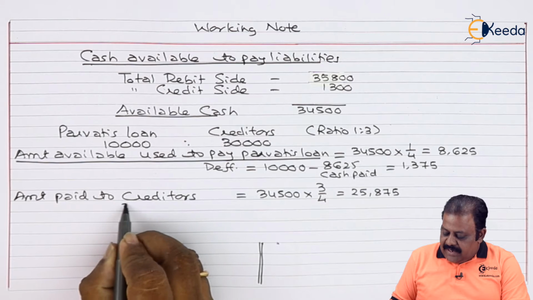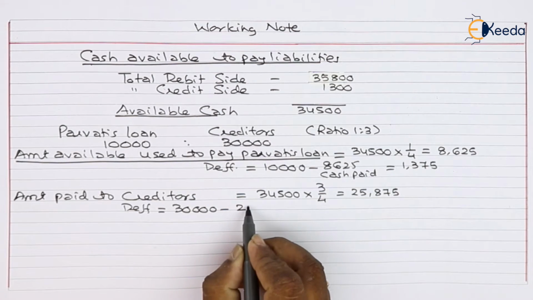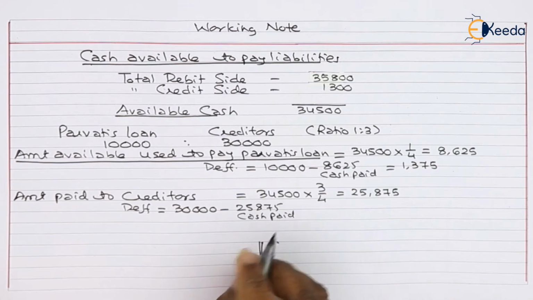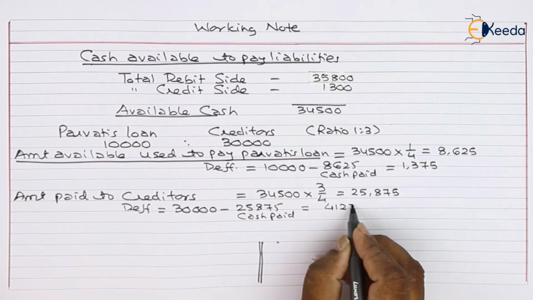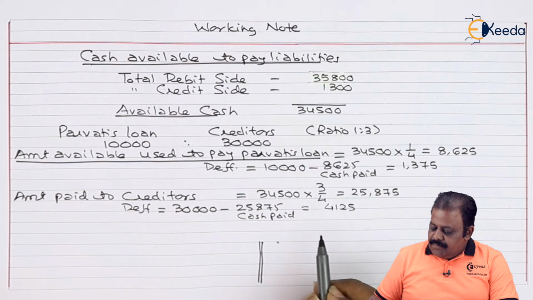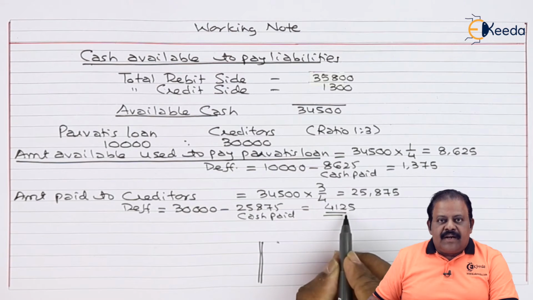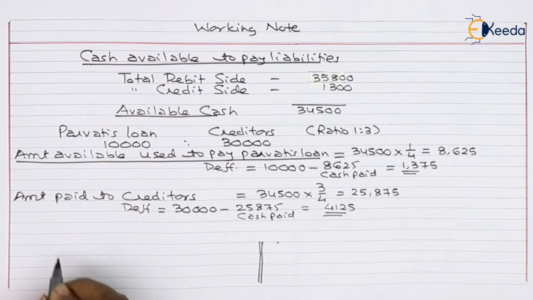We can calculate the deficiency. 30,000 minus 25,875 cash paid, so deficiency will be 4,125. We can see the journal entry for settlement of Parvati's loan.